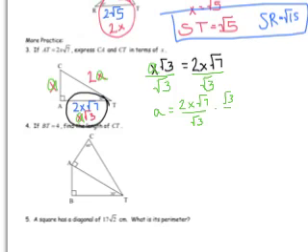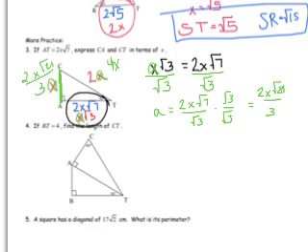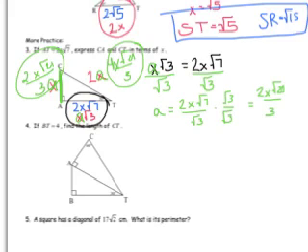Rationalize it to get 2x root 21 over 3. So that's CA. And then times that by 2 to get 4x root 21 all over 3. Okay.